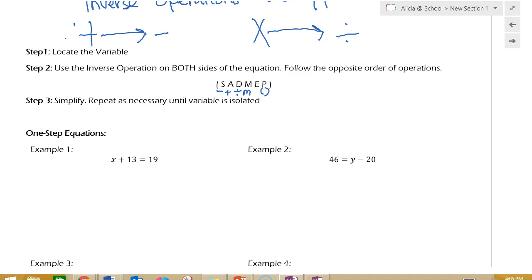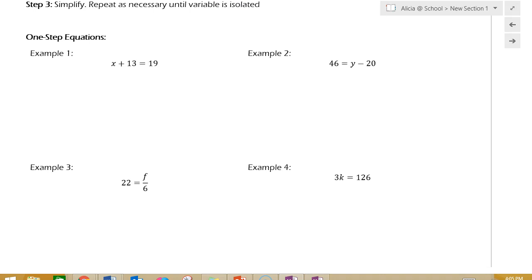So looking at our first example, we have x plus 13 equals 19. What I like to do, just to help me make sure that everything is on the side that it is, is draw this dotted line where my equal sign is, so I know it's on the left and I know it's on the right. Locate my variable. Well, x is right there. I need it to be on its own on that side. So that plus 13 needs to move over to the other side. And the way that we do that is we use our inverse operations.